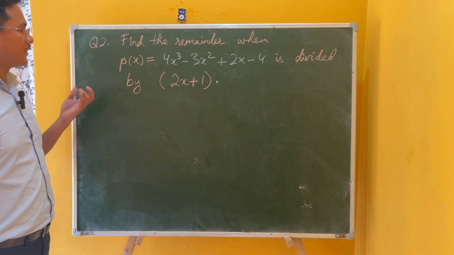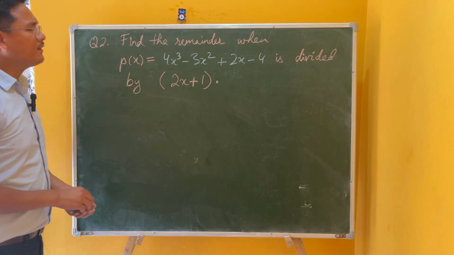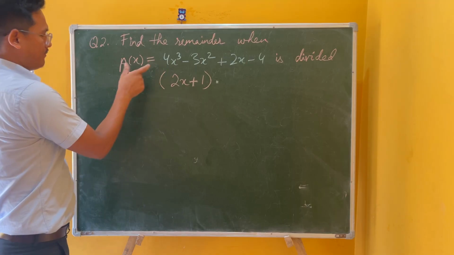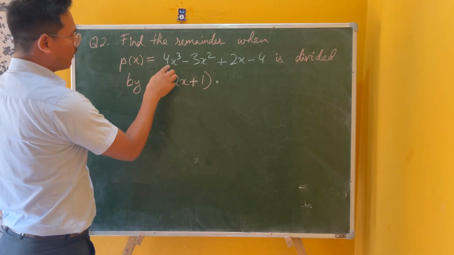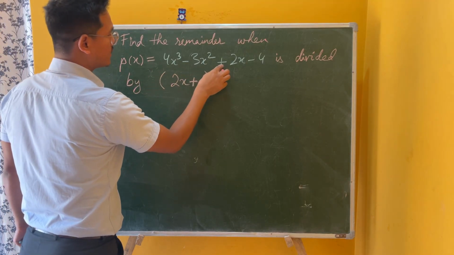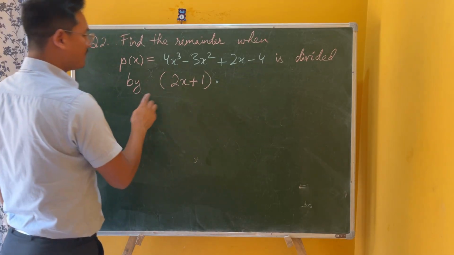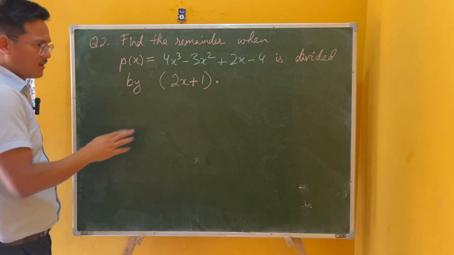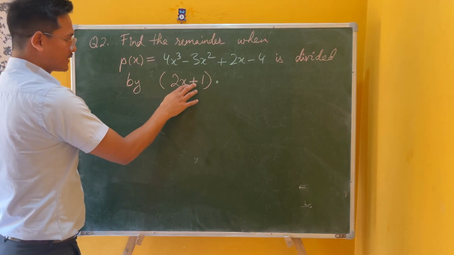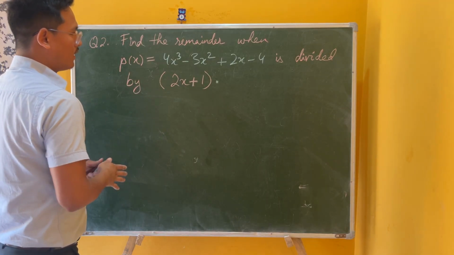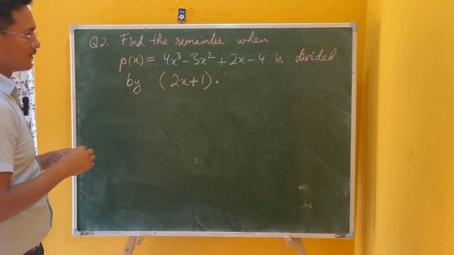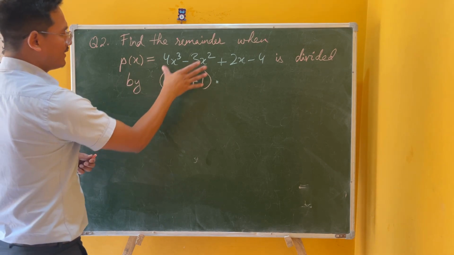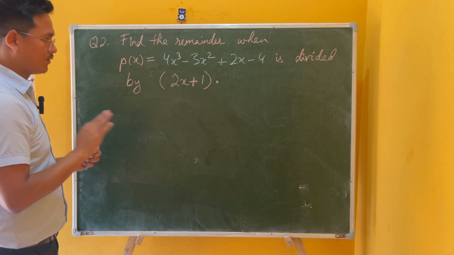So we have another interesting question. Find the remainder when p of x, the polynomial 4x cubed minus 3x square plus 2x minus 4, is divided by this, which is also a polynomial, 2x plus 1. So what will be the remainder? Obviously you can find the remainder by the long division method, that's no problem.